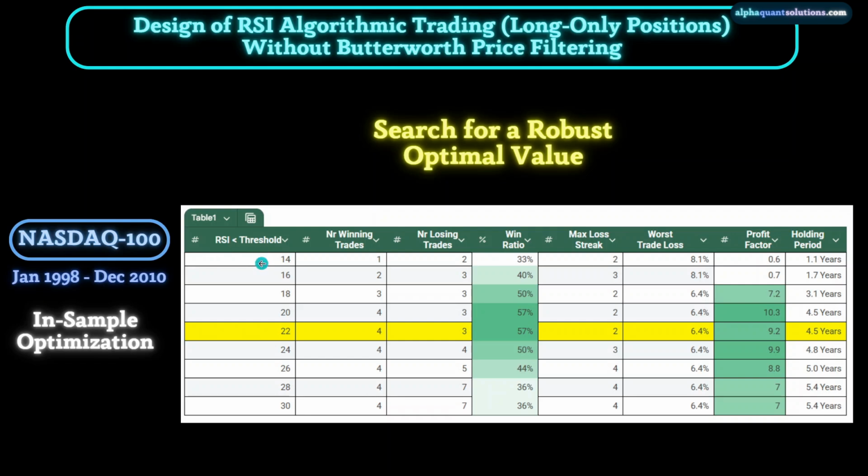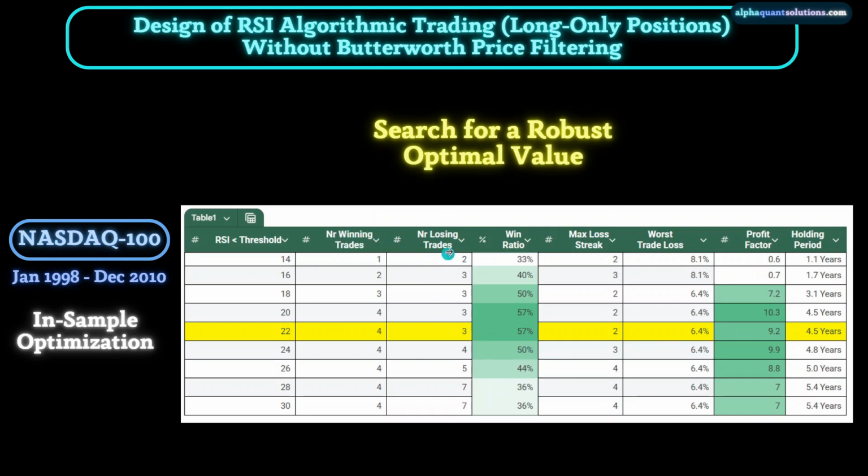And so we will do a search loop between values ranging from 14 until 30. This is called in-sample optimization. We will look at a time frame between January 1998 and December 2010, so 13 years. And then we will show you here on the right the performance of this algorithm.